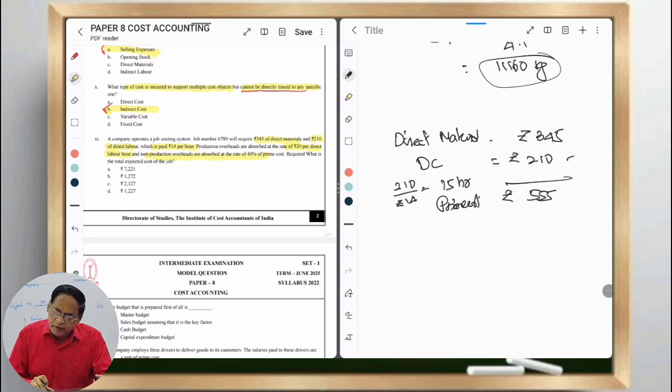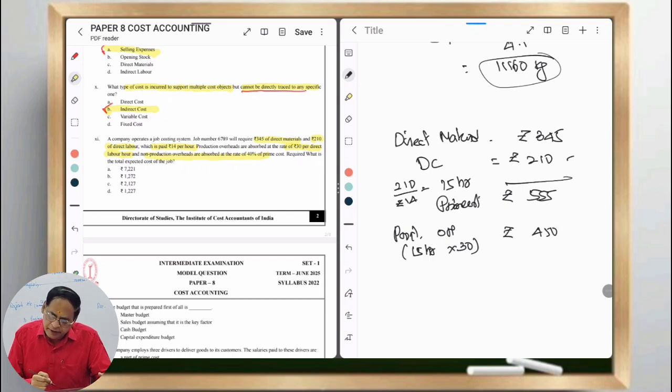And then production overheads. In the question it is told that production overheads are absorbed at the rate of 30 per direct labor hour. We worked 15 hours, so 15 into 30 is 450 rupees for production overhead.